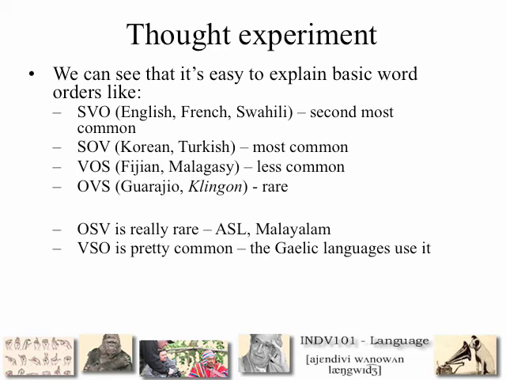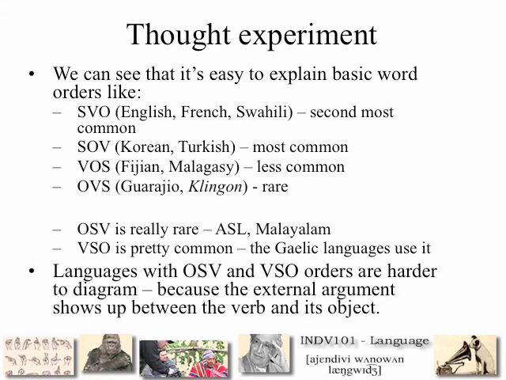But we haven't given you tree diagrams for these word orders. The reason for that, it's actually really hard to diagram languages with these word orders because the external argument shows up in between the verb and its object.